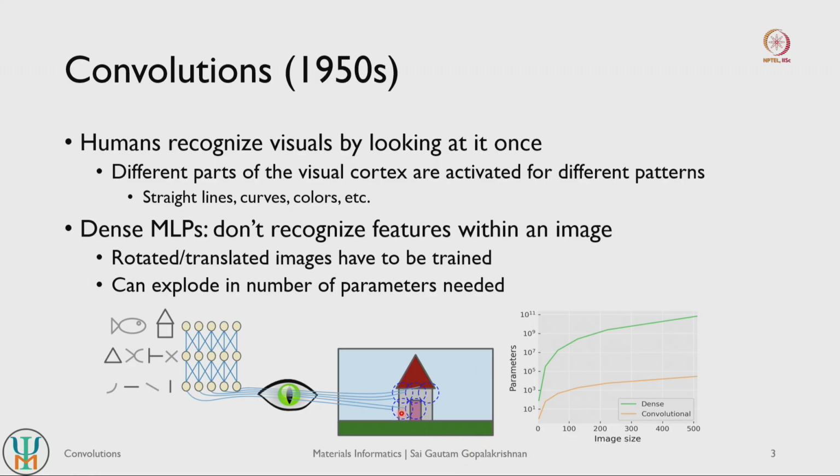It will recognize this part of the house as a straight line, but it will not recognize that this is actually the same, or a very similar, straight line that is also in this other part of the image. In other words, the dense neural network will treat this as one straight line and this as a separate straight line, and these two separate lines formulate this image, rather than considering that these two lines are actually similar objects. So the decomposition is not very efficient in dense neural networks.